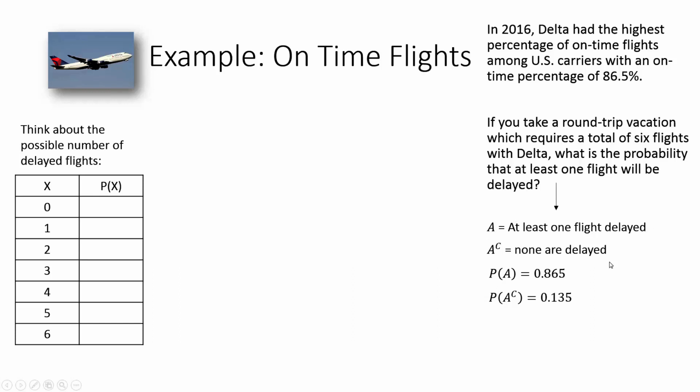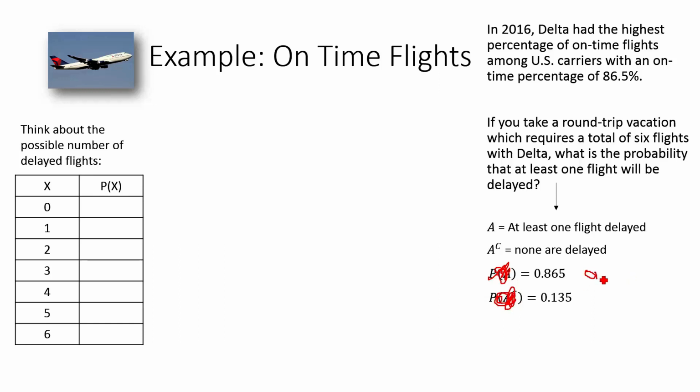And I'm going to put the complement here because remember, sometimes the complement's easier to calculate. So if A is the event that at least 1 flight is delayed, then A complement would be that none are delayed. And remember that the probability of being on time is 0.865, which means the probability of being delayed must be 13.5%, I think, right? So I think I mislabeled this. This isn't actually the probability of A or the probability of A complement.